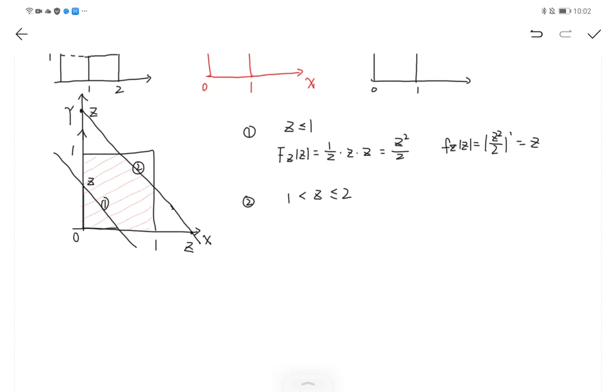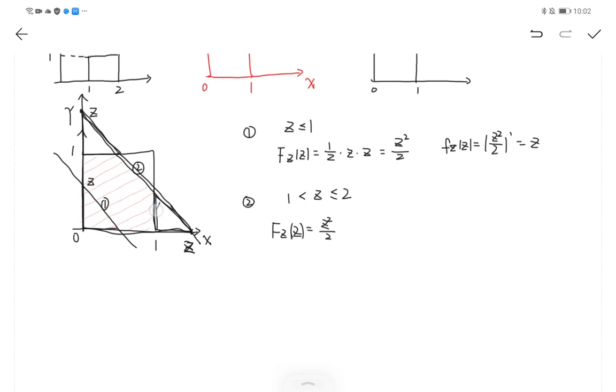We can use the big triangle minus the two small triangles. For the big triangle, this point is (z, 0), so it's z to the power 2 over 2.